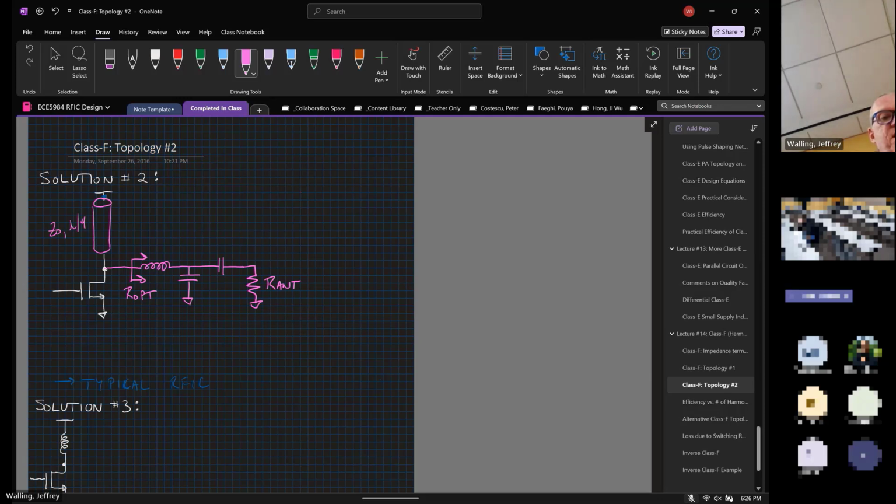Now, when we're away from the fundamental, the matching network is probably presenting some higher impedance, so that's fine. At every odd harmonic, this is inverting the short circuit from the supply voltage to a high impedance.